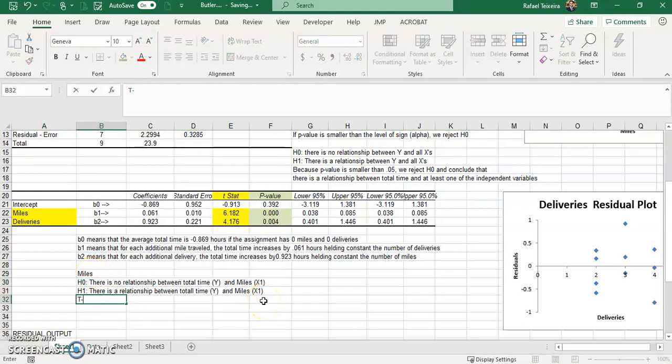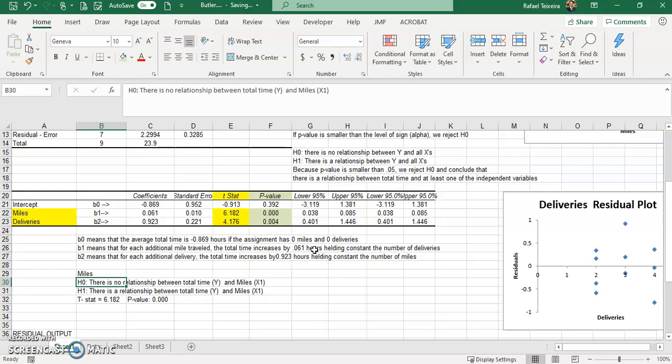So what is the t-statistic? The t-statistic is equal to 6.182, which comes from here. The p-value associated with this is 0.000. So should I accept, or should I reject or fail to reject the null hypothesis?